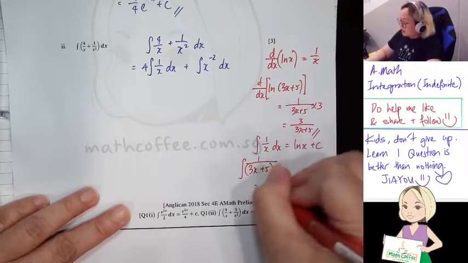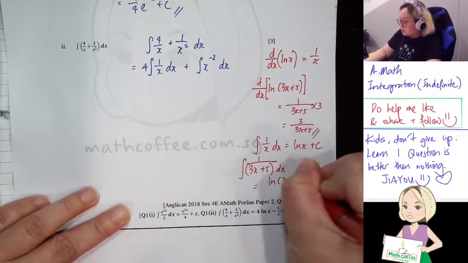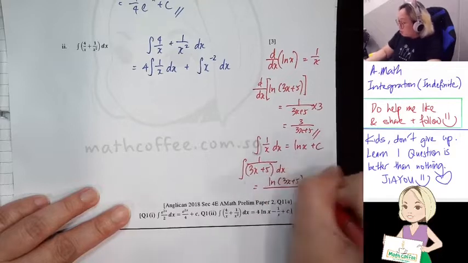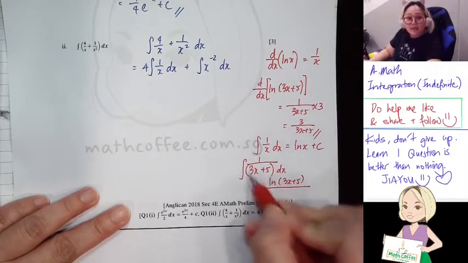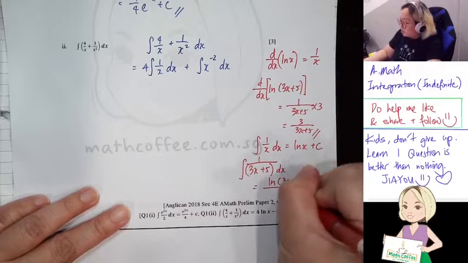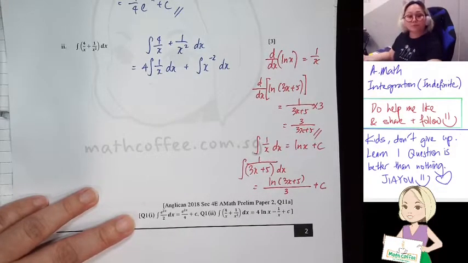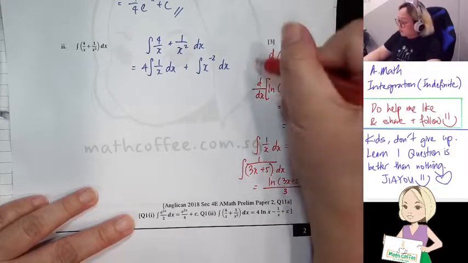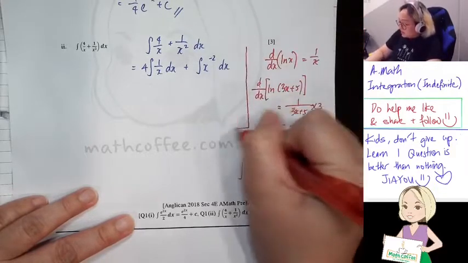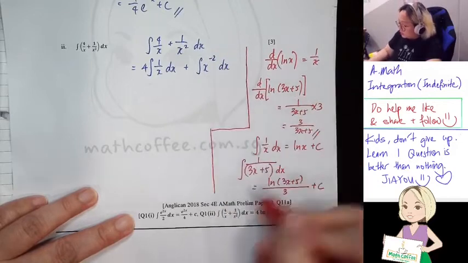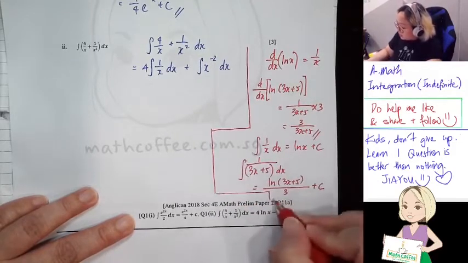So you will get ln of 3x plus 5 over differentiate the inside, which is 3, so put it at the denominator. Then remember to put your plus c. Basically this is differentiation and integration related to logarithm.